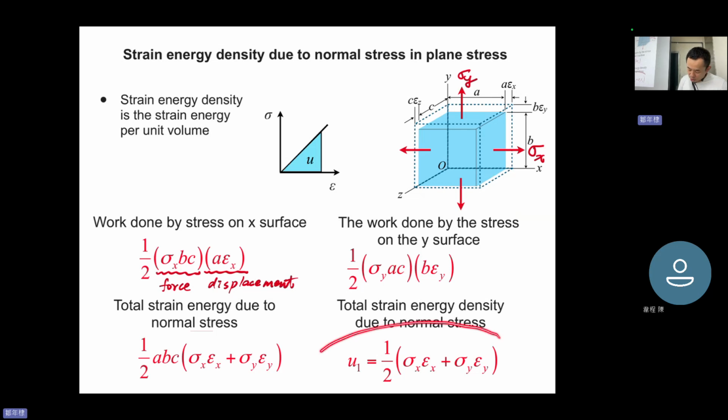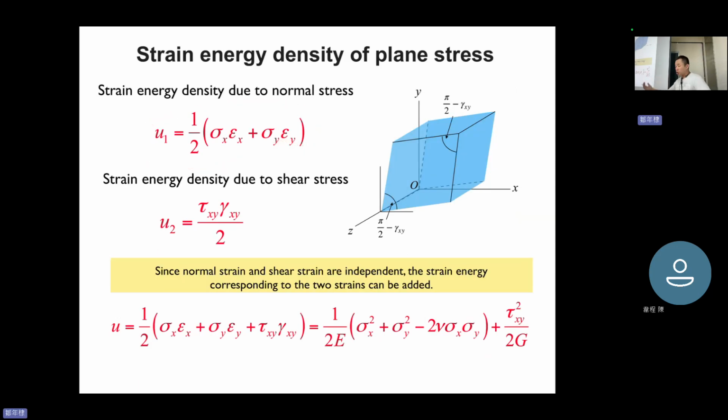This is the normal stress strain energy here, and we can use shear stress here, U2. Of course, again, half tau gamma. So tau xy, gamma xy divided by 2, your triangle area in the shear stress-shear strain diagram.